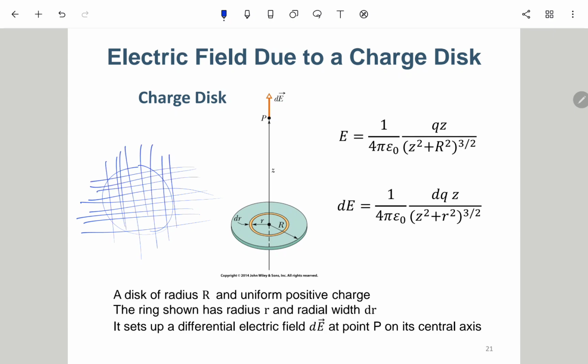Every small piece we would calculate the dE at point P. But the calculation will be very difficult.